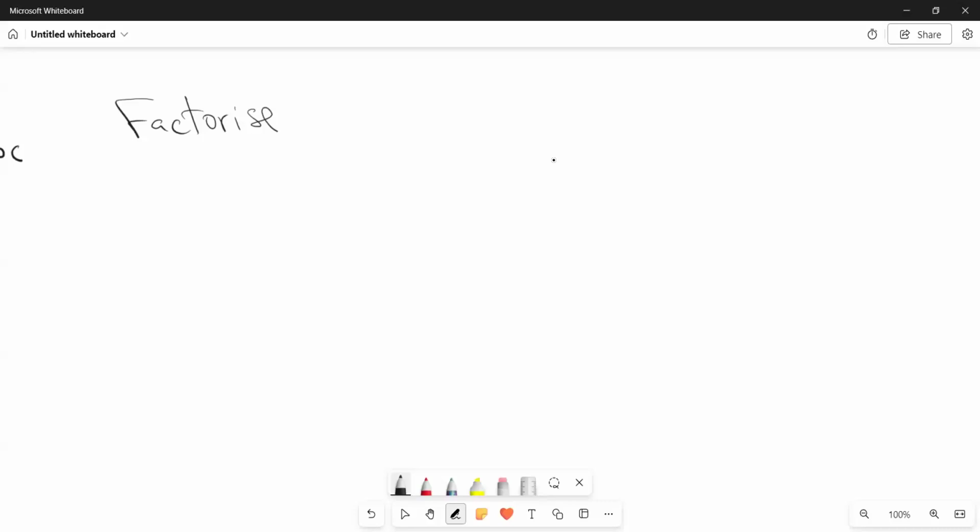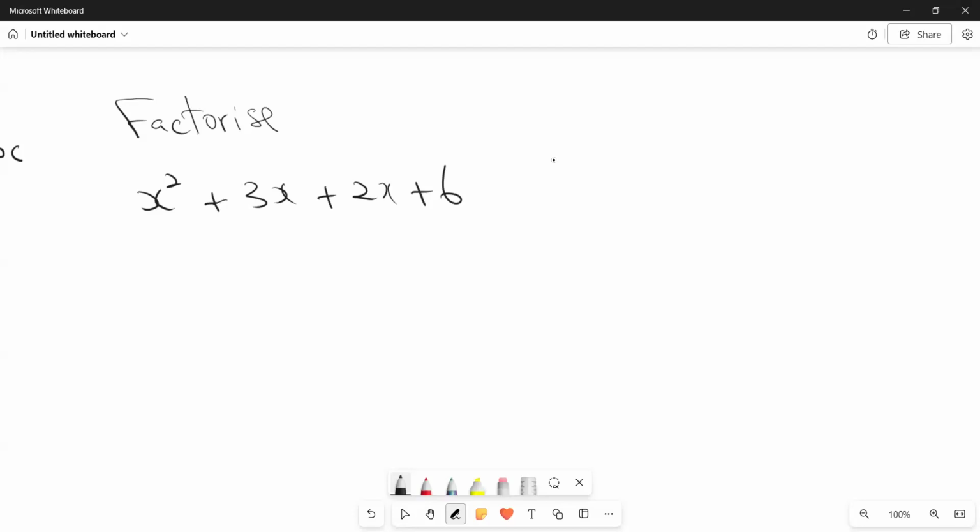Let's say you have something like this. X squared plus 3x plus 2x plus 6. I have to factorize something like this.